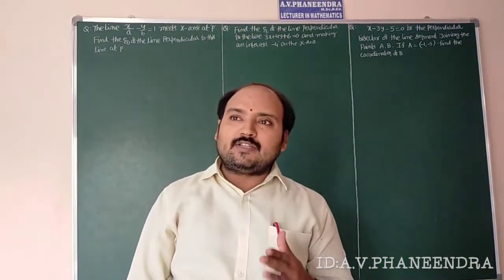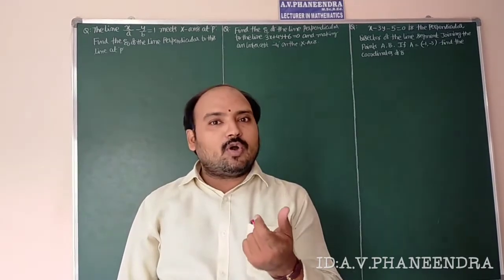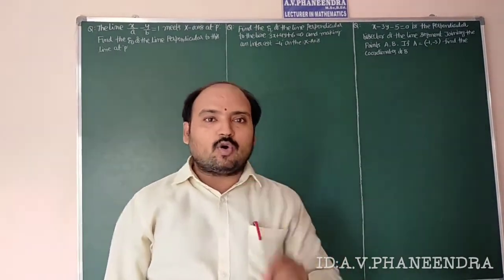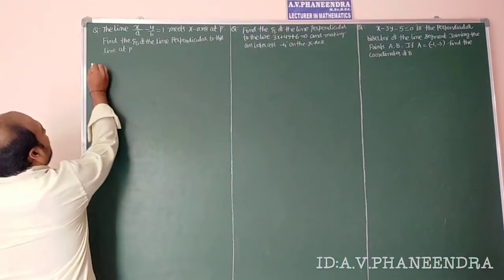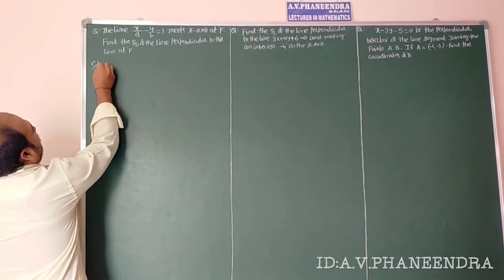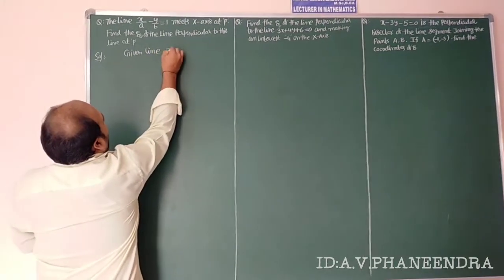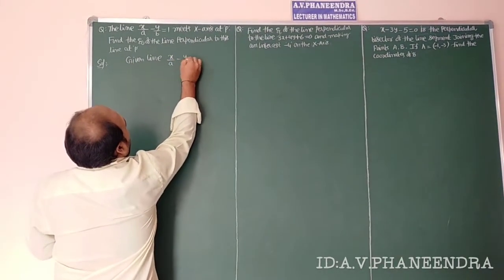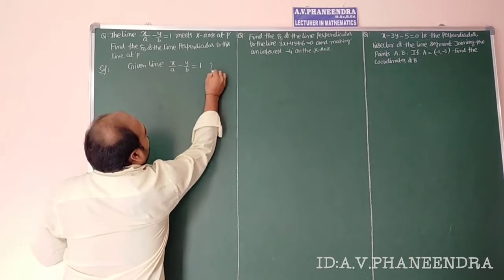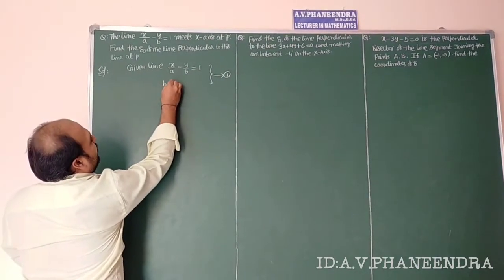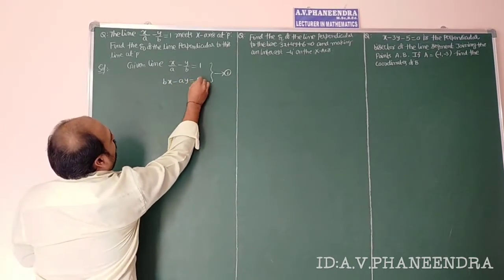Whenever the line meets the x-axis, the y coordinate is equal to 0. First, the given line x by a minus y by b is equal to 1, taking LCM, we can write it as bx minus ay is equal to ab.